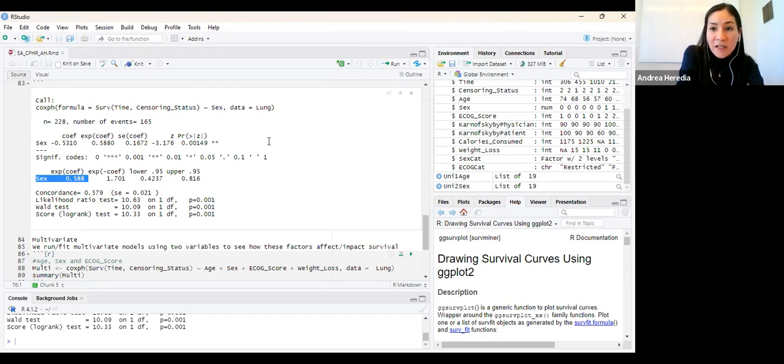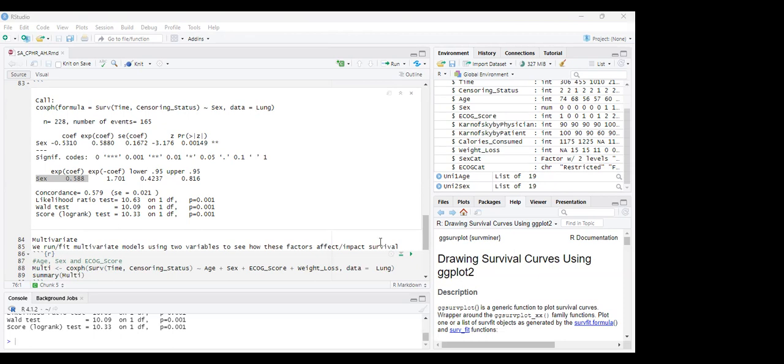Like you're going to survive longer compared to males. Or as Dr. Johnson is saying, think of it as an incidence rate ratio, yes. Did that help or no? Yeah, thank you. Thank you so much.